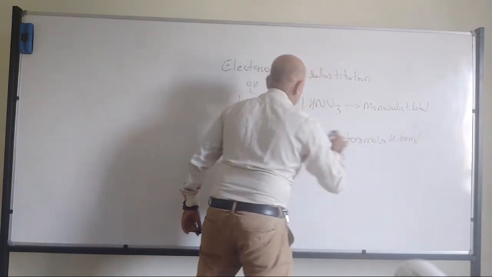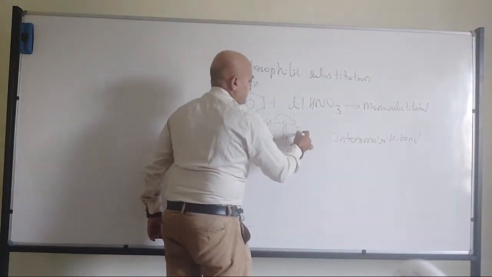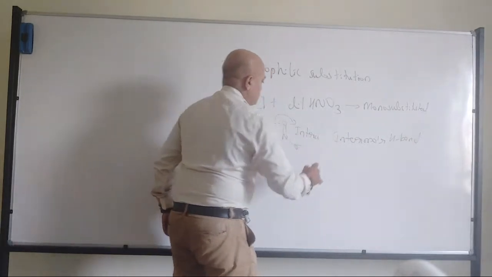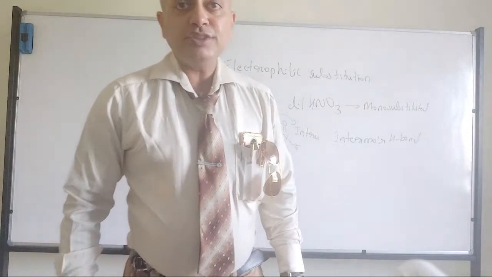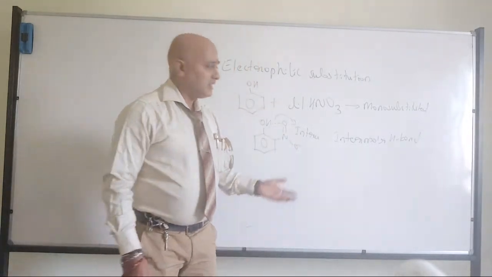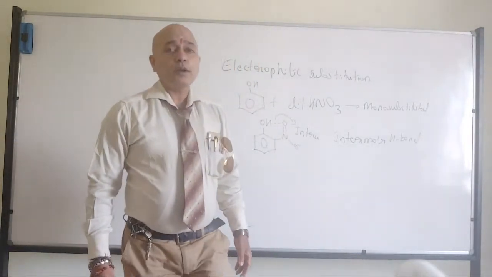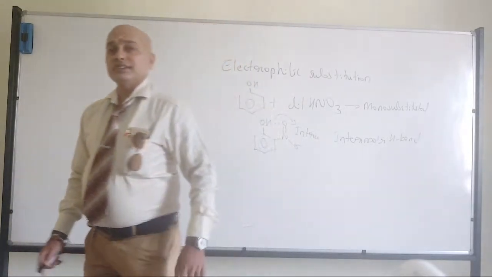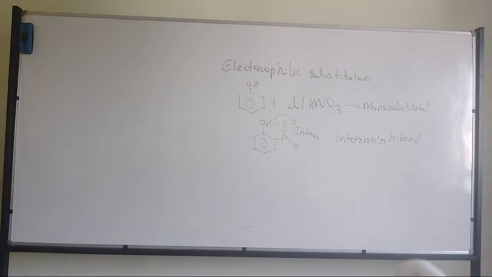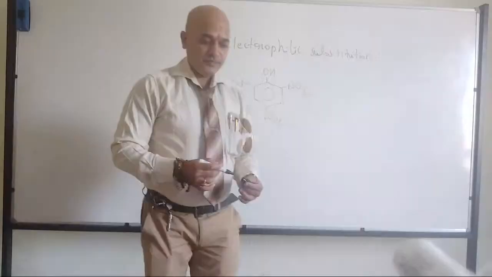So here it is intra. But when it comes to paranitrophenol, it will be intermolecular hydrogen bond. Due to that, they differ in their physical properties, and due to that, we can separate them from each other.